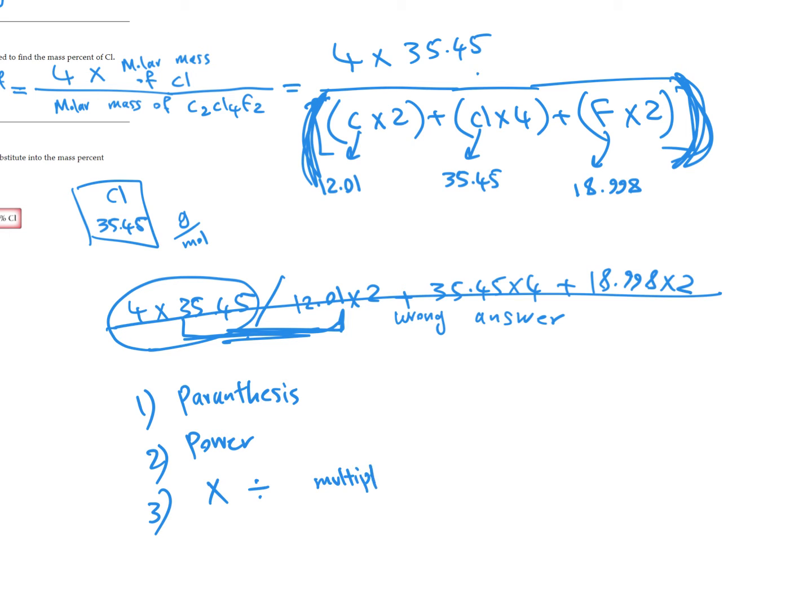And finally, you do addition, subtraction. Okay? So I don't want you to lose points because you just put the number wrong in the calculator. That would be such a loss. Okay? Any questions?